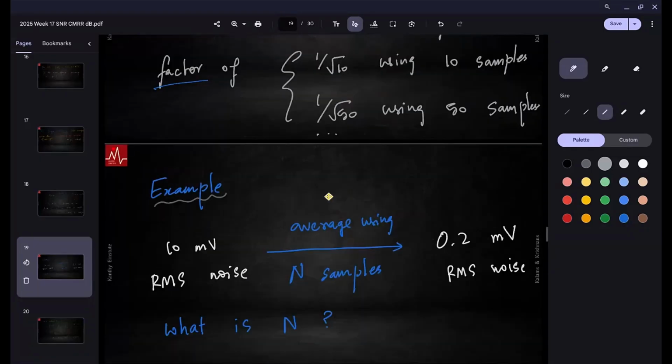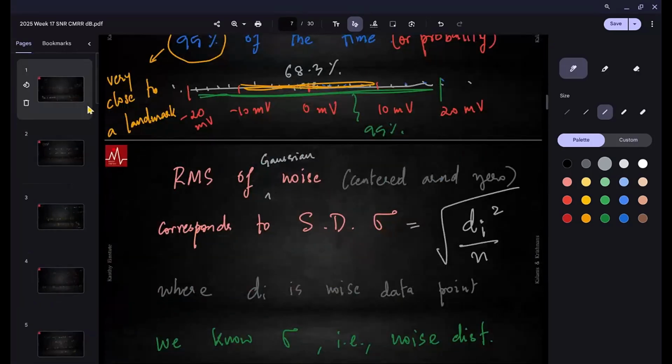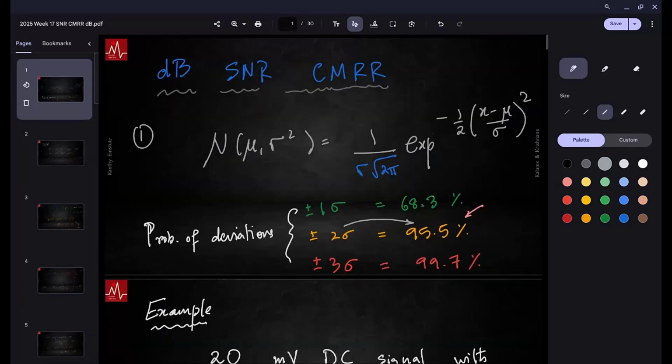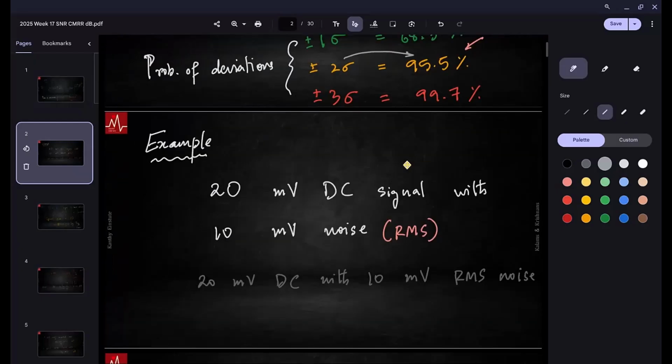So let's quickly recap. Noise is typically defined based on Gaussian distribution. Knowing these bounds is useful because, given a bound, you can tell the probability, and given a probability, you can give bounds. That is point number 1.